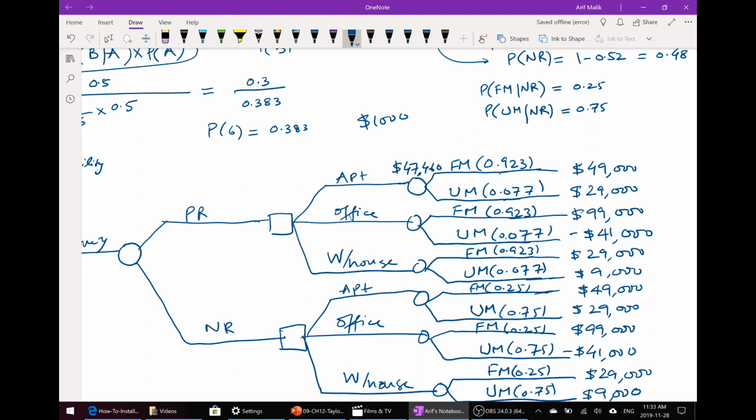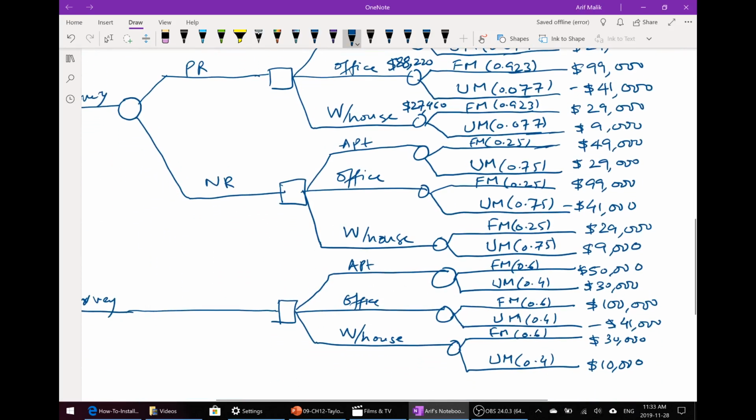And then similarly we can put the other values here. I will just copy them from the book: $88,220, and this will be, I suppose, $27,460.